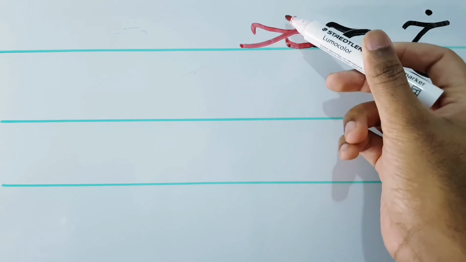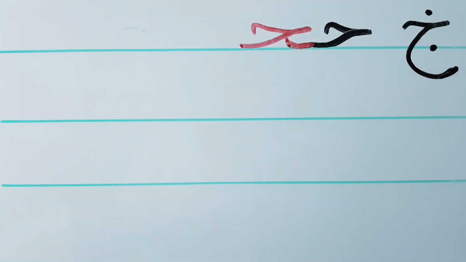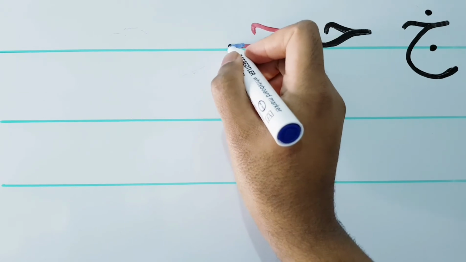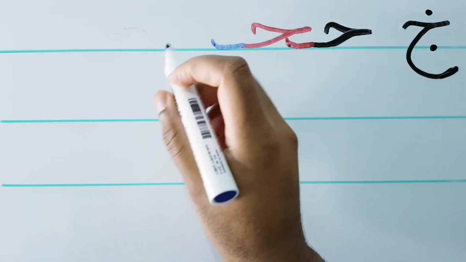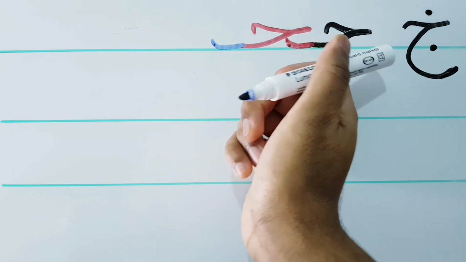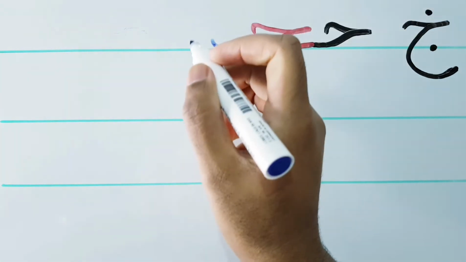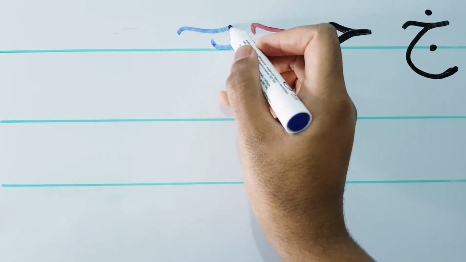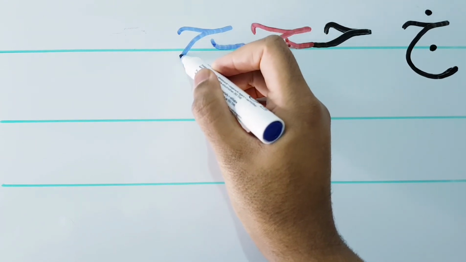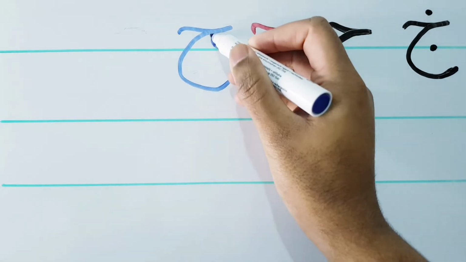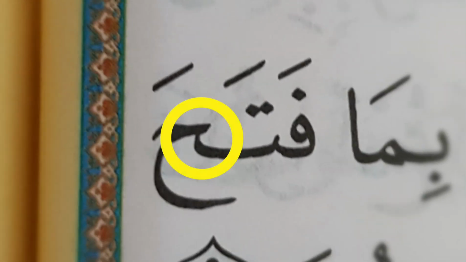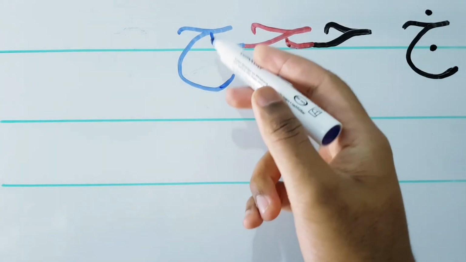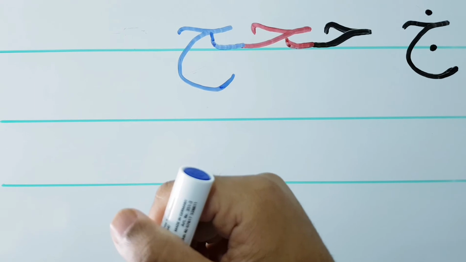Jim, ha, or kha. When it comes at the end, we're also going to do the same thing, where we put a chair for it to sit on. The only difference is that at the end, we use the individual form, where it goes under the line.